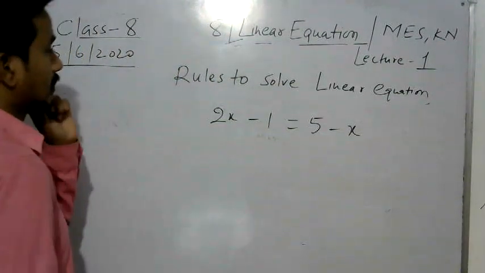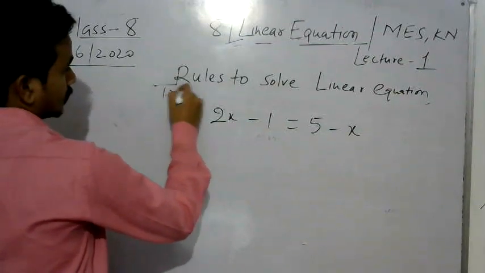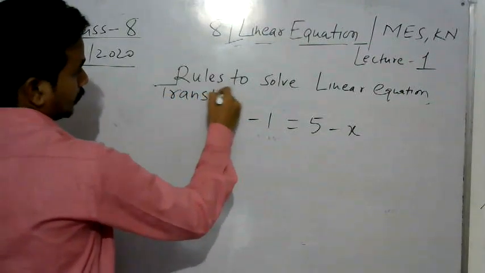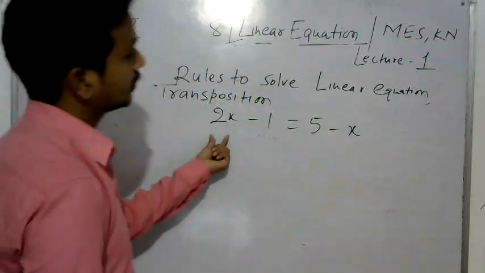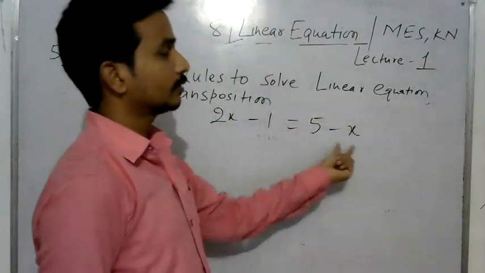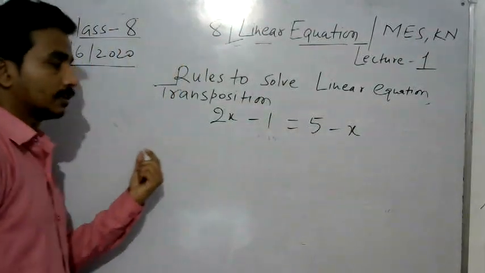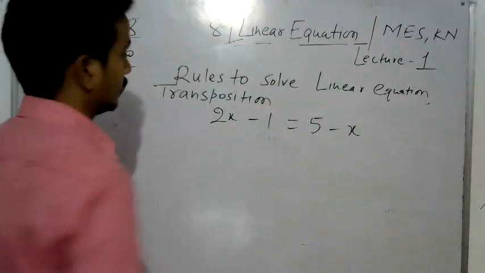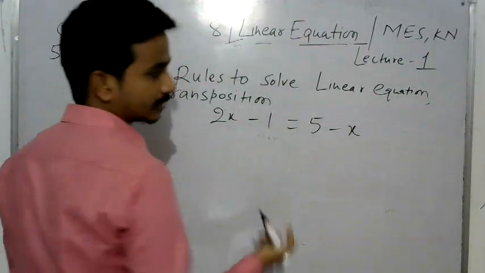This is called the rule of transposition. You can take any term from left side to right side or from right side to left side with the change in sign. If you move any term from right to left, the sign will change.